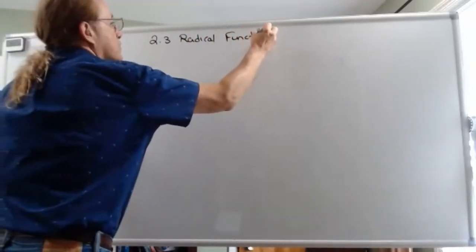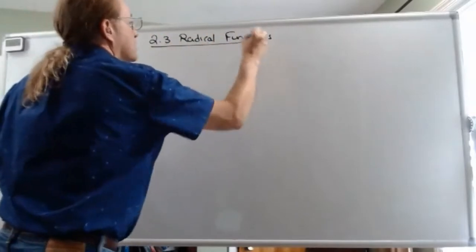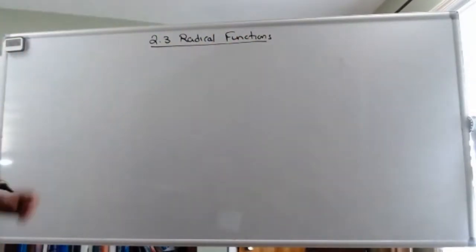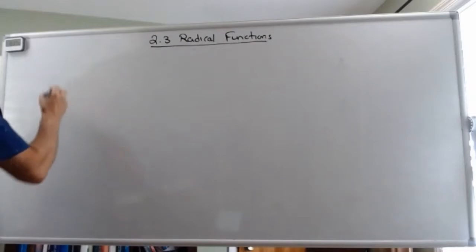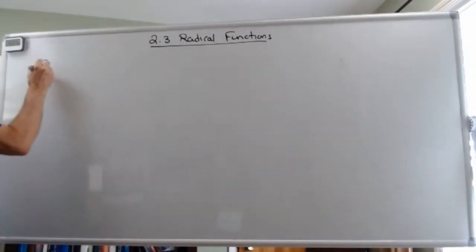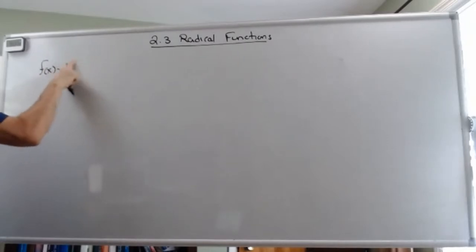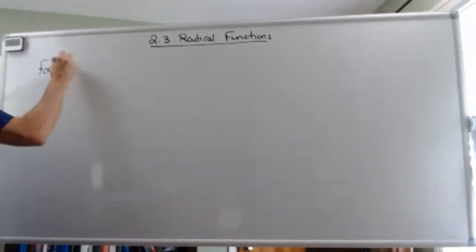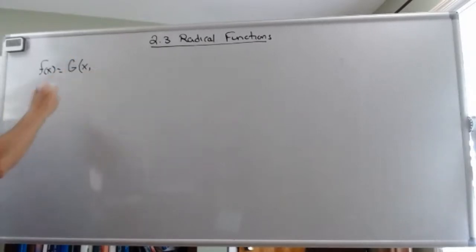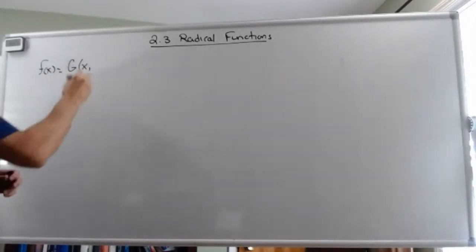Now, in this course we are only going to look at a very limited set of these types of functions. In general, it could look something like this. Now, f of x could be some function, I'll put it as some capital G of the variable x, as well as all various roots.